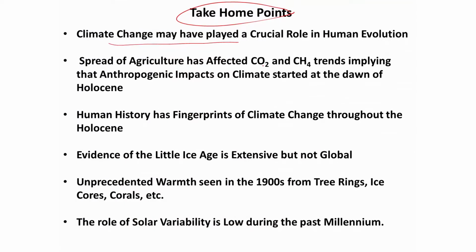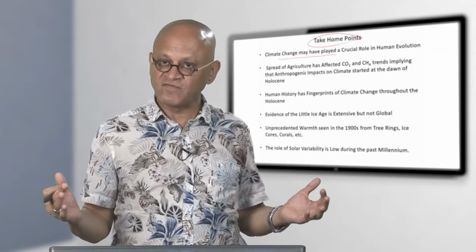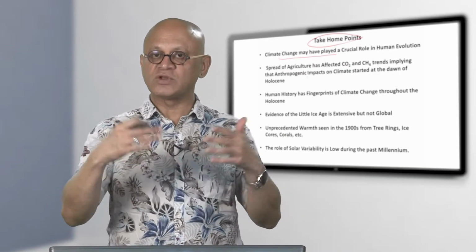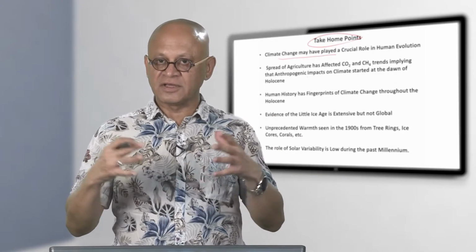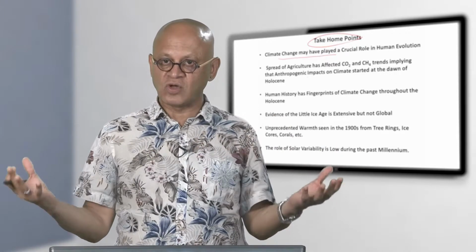Spread of agriculture has affected carbon dioxide and methane, no doubt at all, and anthropogenic impacts started basically at the end of the last deglaciation, because that is when large-scale clearing of the forests and the expansion of the Fertile Crescent, expansion of populations and so on happened.